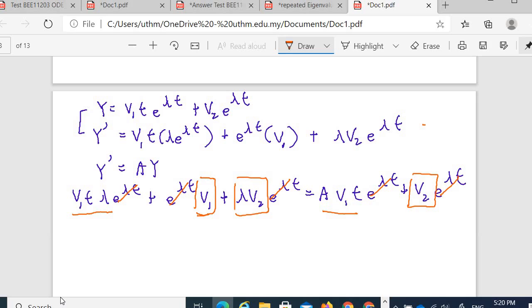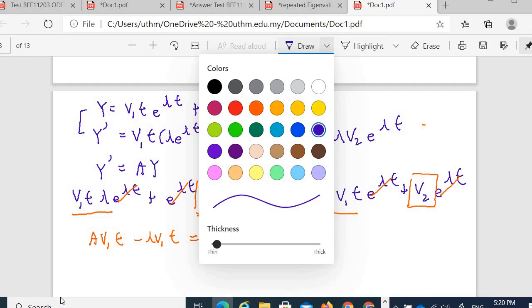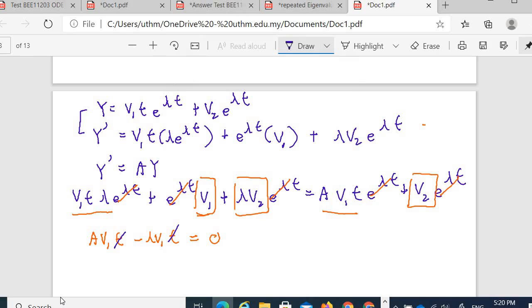So first of all, we compare the term here: a v1t minus lambda v1t equal to 0. And the t cancels out. Now you cancel out the t, so you get a minus lambda I, v1 equal to 0.